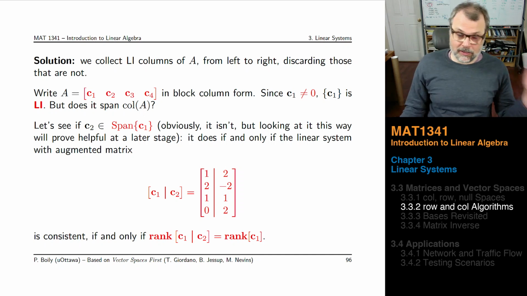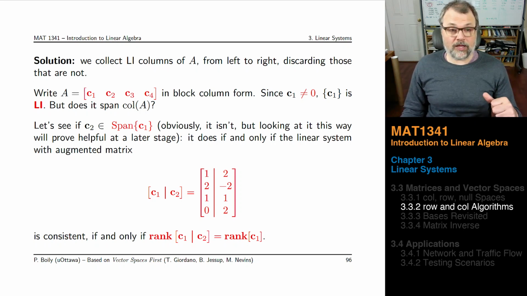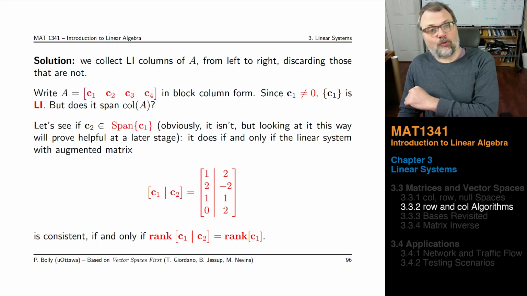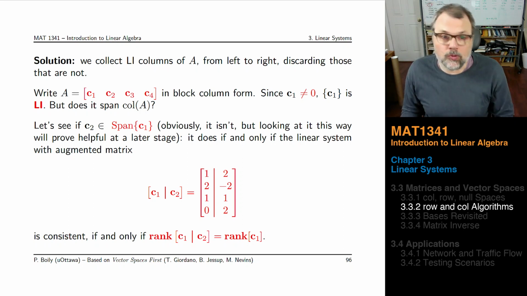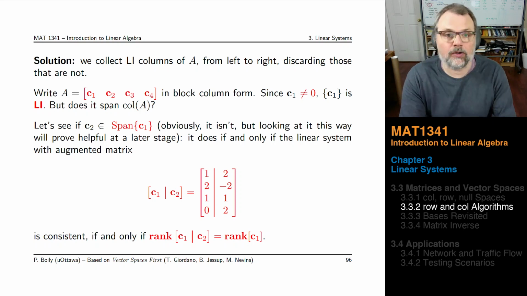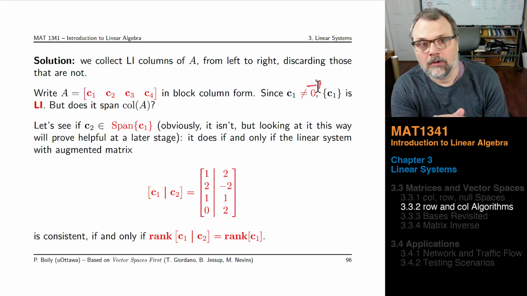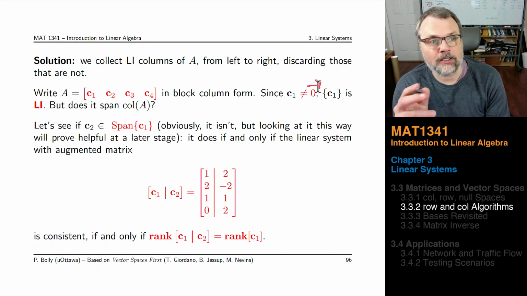So we collect the linearly independent columns of A from left to right, getting rid of the columns that are not linearly independent as we go through the process. So we write the matrix A as a collection of 4 columns, C1, C2, C3, C4. Let's assume that C1 is not the 0 vector. Then C1 is linearly independent.